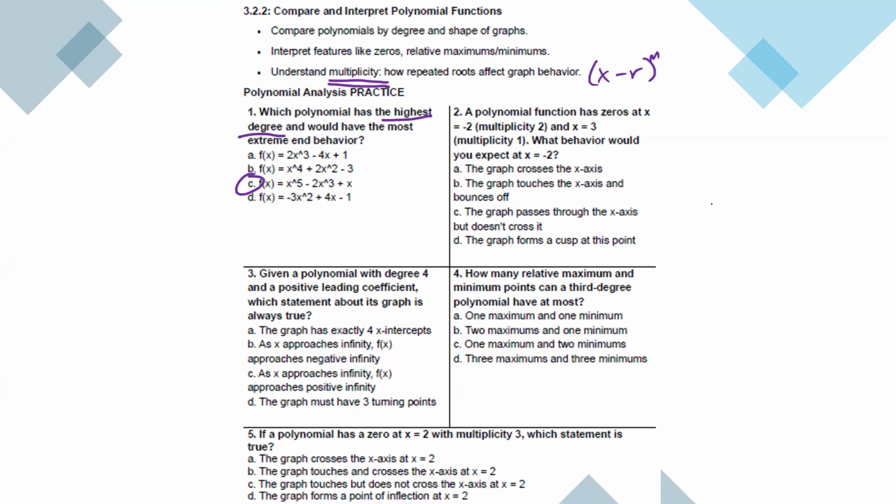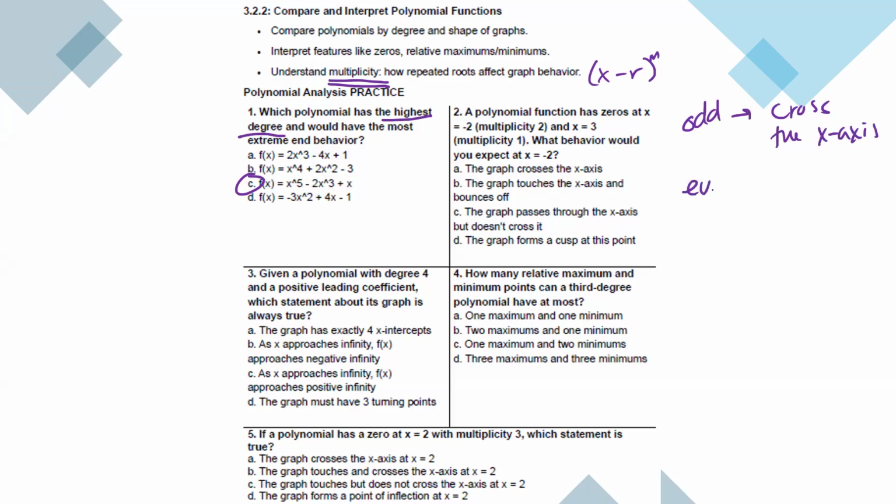All right, new piece here is your multiplicity. Multiplicity is telling you how a function behaves. So there are two types of multiplicity that we're going to focus on. There's odd multiplicity and there's even multiplicity, okay? Odd multiplicity is going to cross the x-axis.